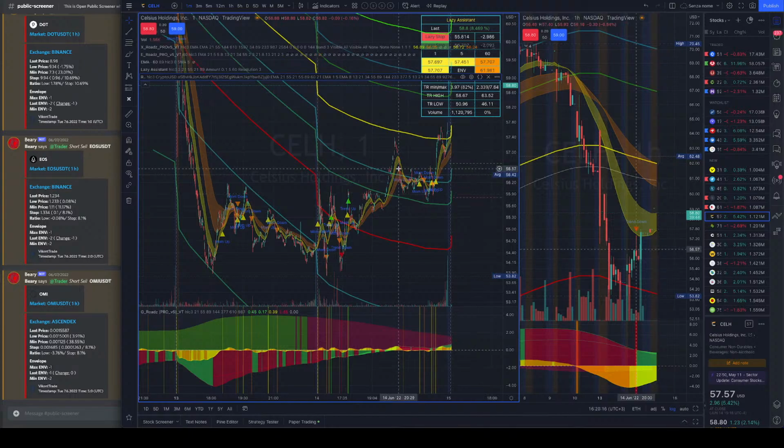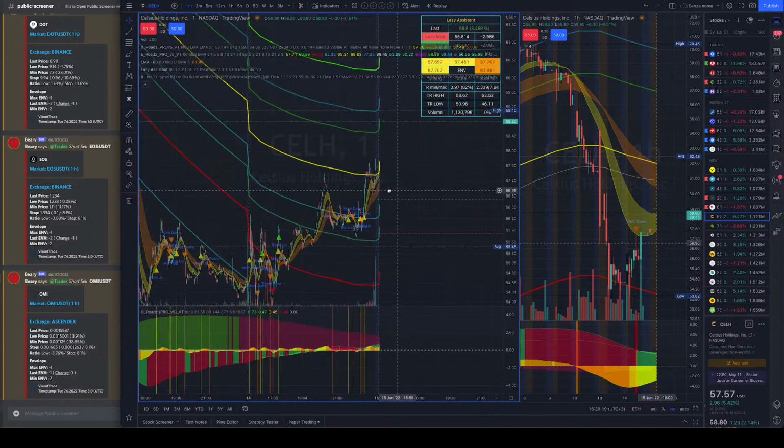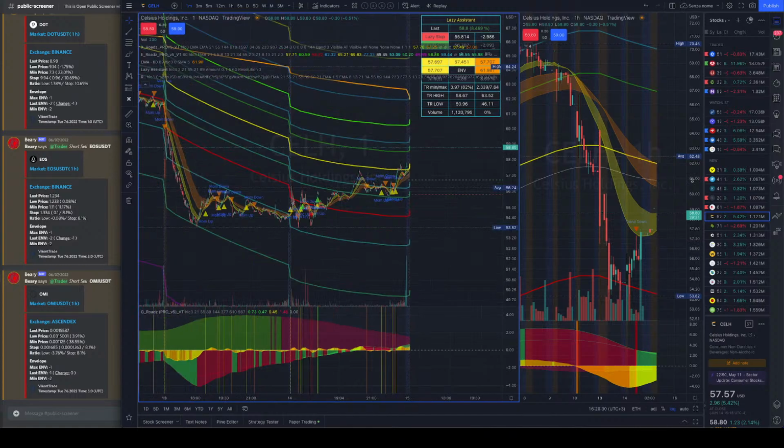Yeah, we have the price in between the envelopes. No man's land. You see we had a drop down, retracement.